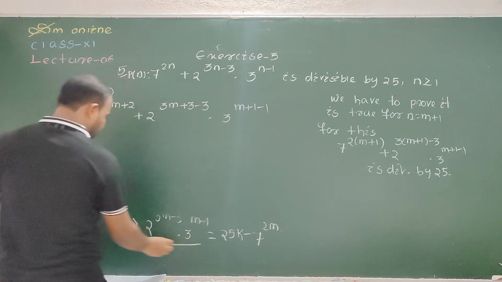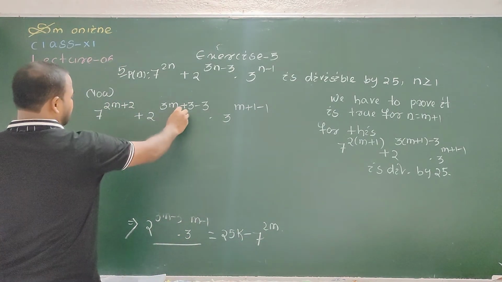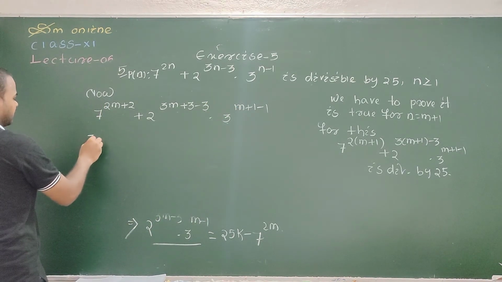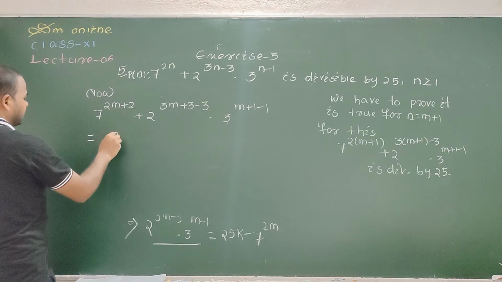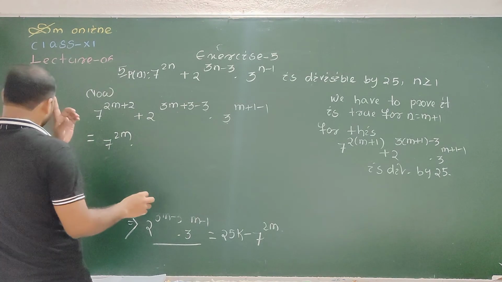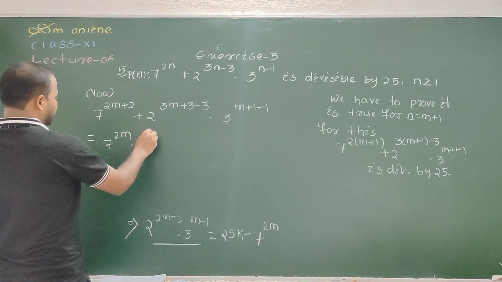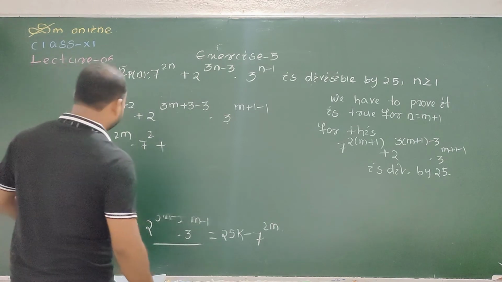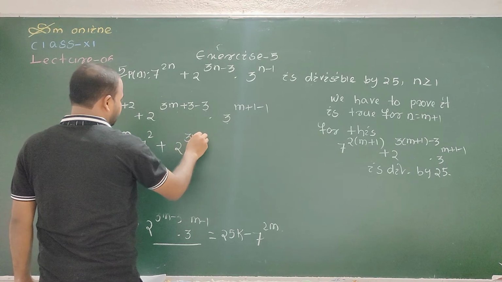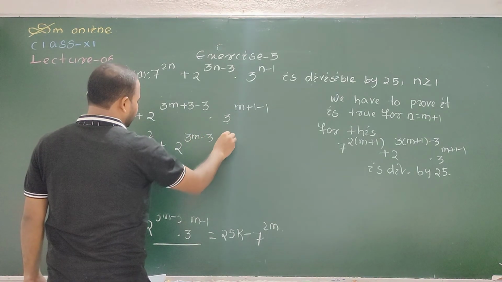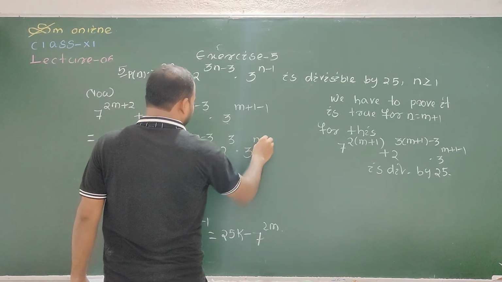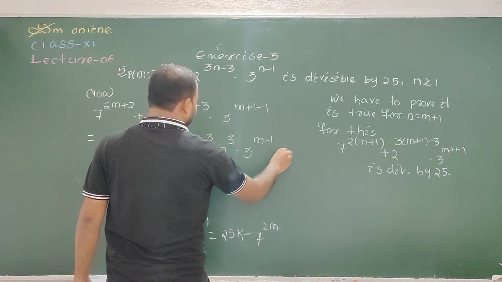We have to put this in the form 2 to the power 3m minus 3 and 3 to the power m minus 1. So it is equal to 7 to the power 2m into 7 square, and 2 to the power 3m minus 3 into 2 cube into 3 to the power m minus 1 into 3 to the power 1.